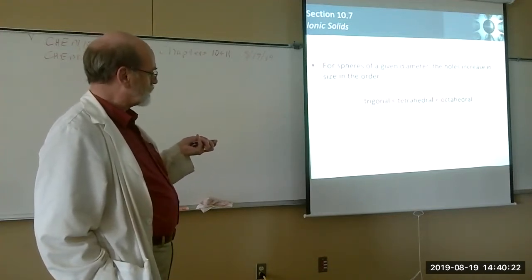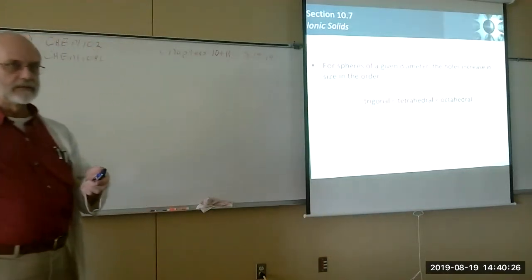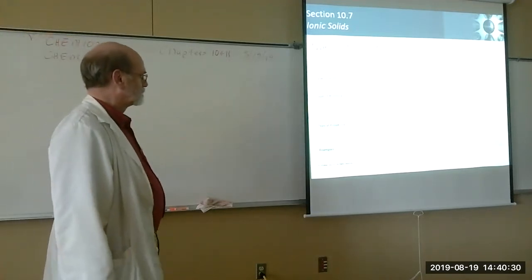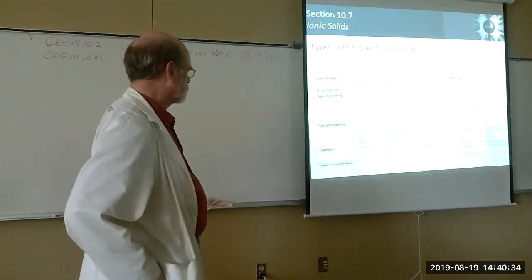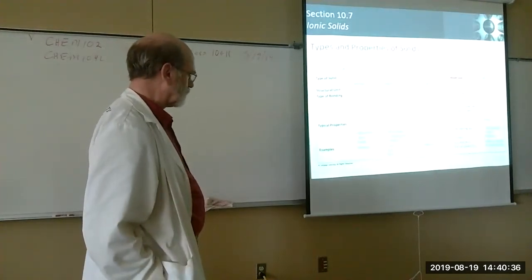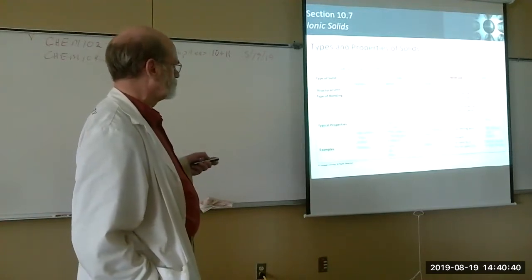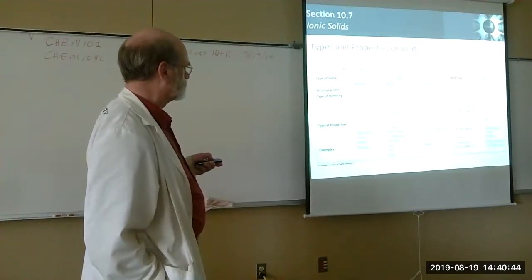If you've got a bigger hole, you get tetrahedral, and bigger still, you get octahedral for ionic solids. That's straight out of your book. It just gives you the characteristics of each one.